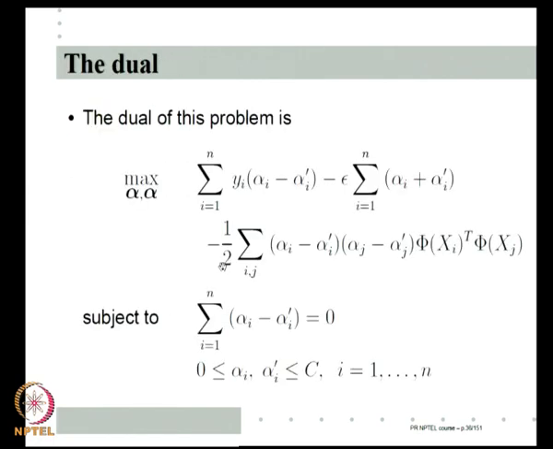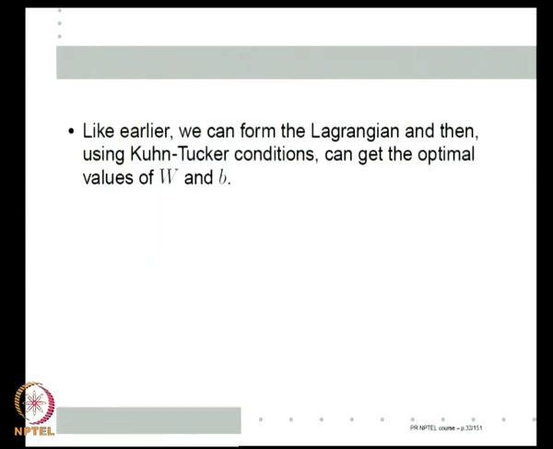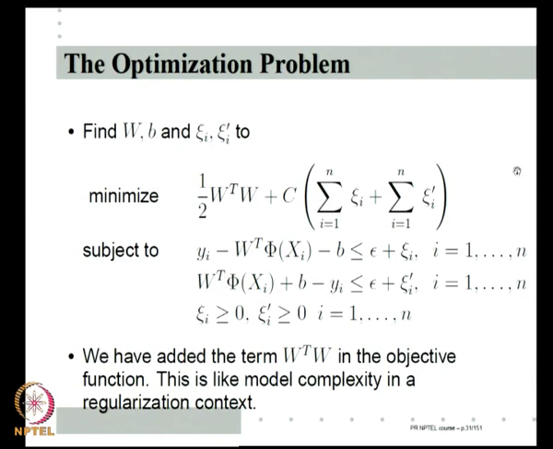Let us note certain things about this primal problem. As you have already seen, only one of xi_i and xi_i prime is non-zero, because on the left-hand side, one of these terms is negative. So, for any given i, only one of these constraints can be exact. There will be only one xi_i which is strictly greater than 0.